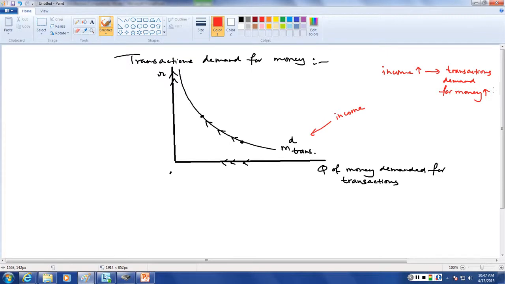So in this diagram, if we were to raise the income in the economy, in other words, if we were to raise what's called aggregate income, and another name for aggregate income is GDP, if real GDP were raised, what would happen in this diagram? So let's say the prevailing interest rate is i1, and at this interest rate, the quantity of money demanded for transactions purposes is MD1.